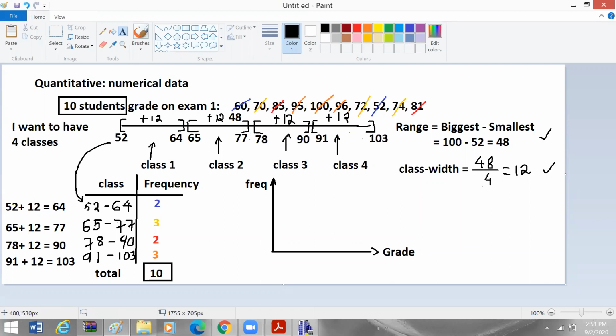So there are 2, 3, 2, 3. So I'm going to use a bar, right? 2, 3, 2, and 3. It doesn't look like the same thing because of my drawing skill.